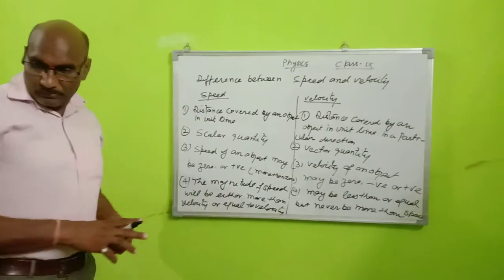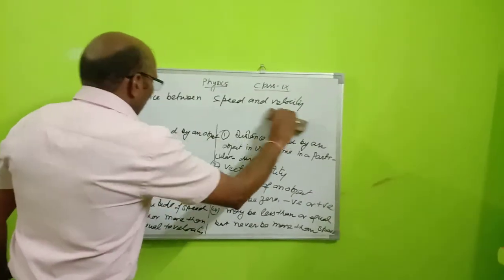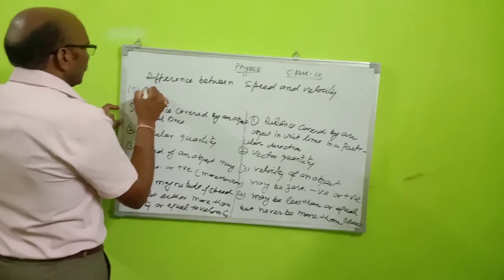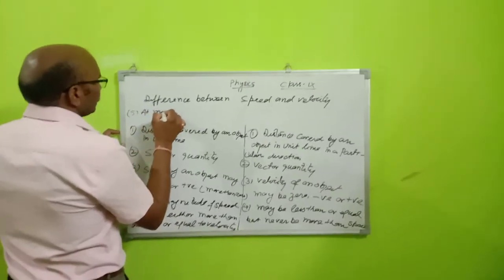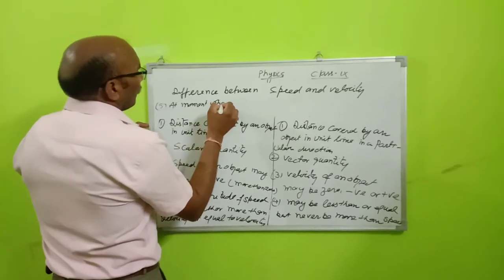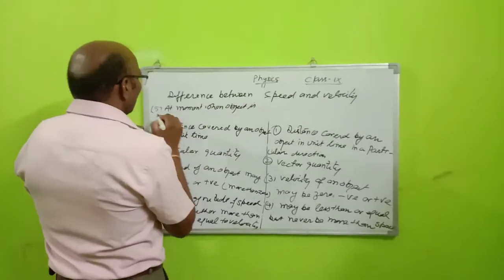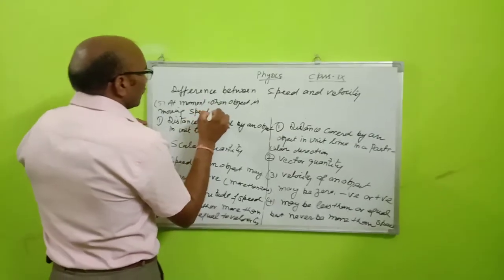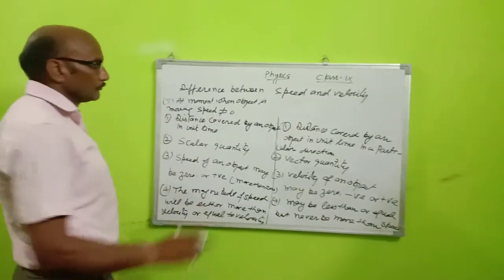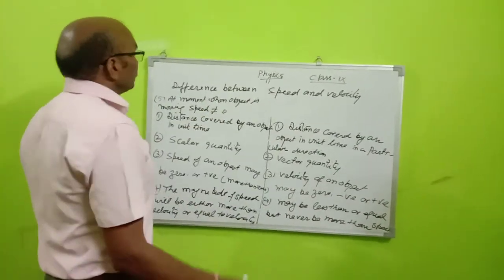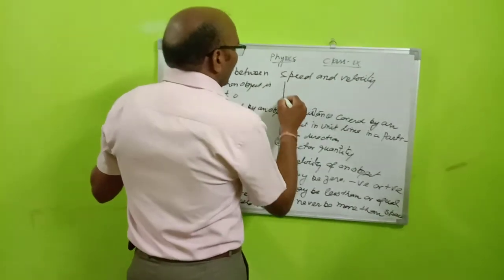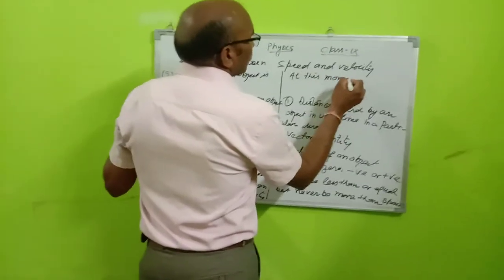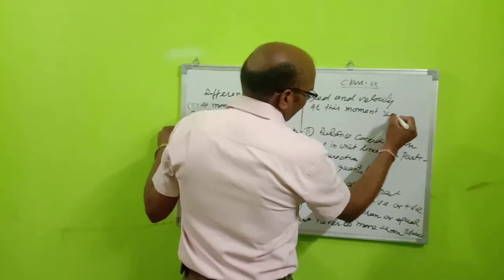Some other conditions. At a moment of moving, speed cannot be equal to 0, but at this moment the velocity can be 0 also.